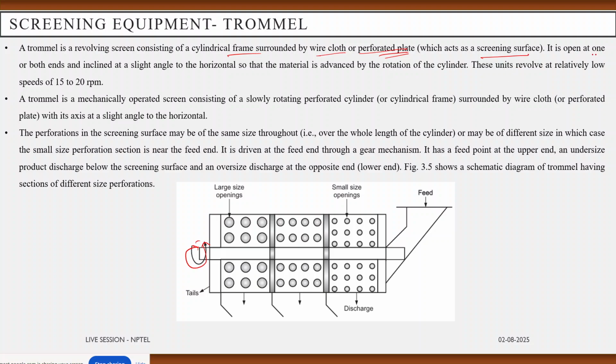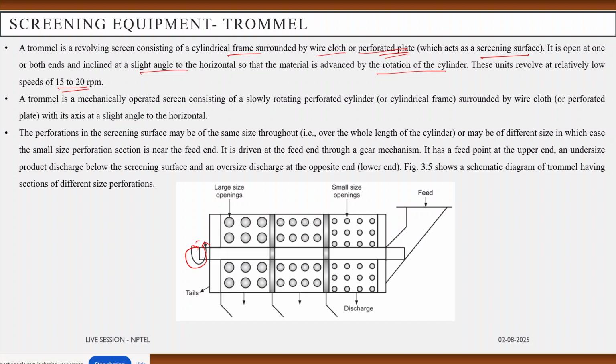It is open at one or both ends and inclined at a slight angle to the horizontal so that the material is advanced by rotation of the cylinder. These units revolve at a relatively low speed, 15 to 20 rpm, very slow.